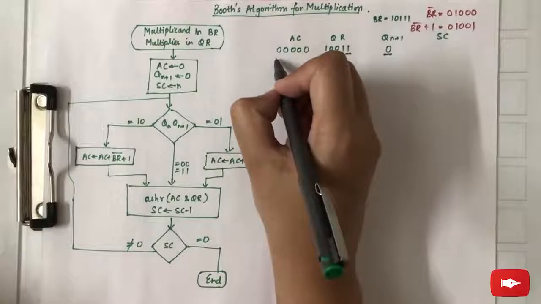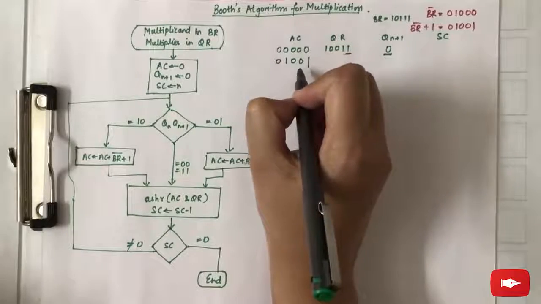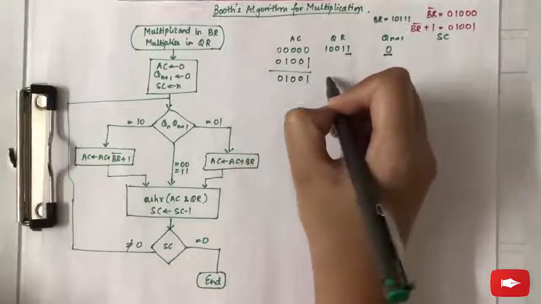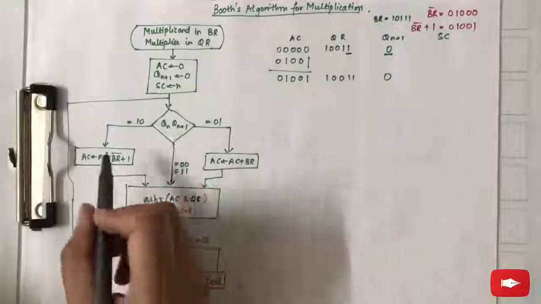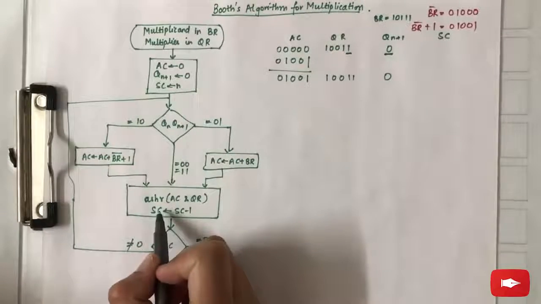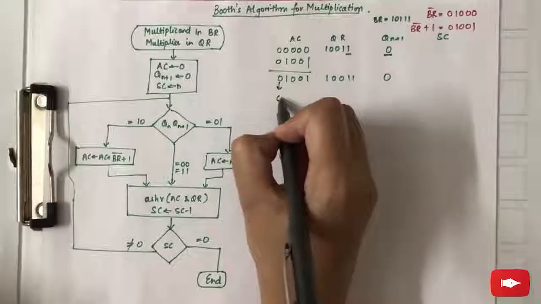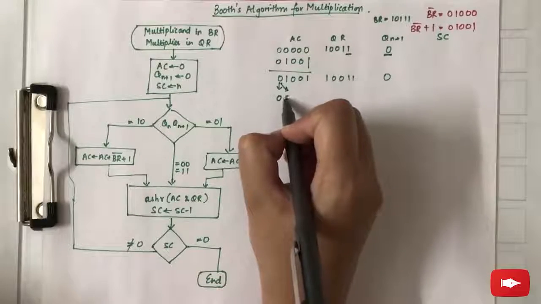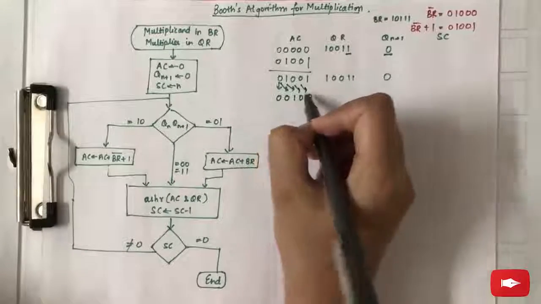That means AC has to be added to the 2's complement of BR, which is 01001. We will add this to AC, 00000, and we will get the result as 01001. Writing QR again. Now, because we have already done this, we need to perform the arithmetic shift right. Let's see how it is done. The first bit is written the same. It is copied to the second position, and then 1, 0, 0.